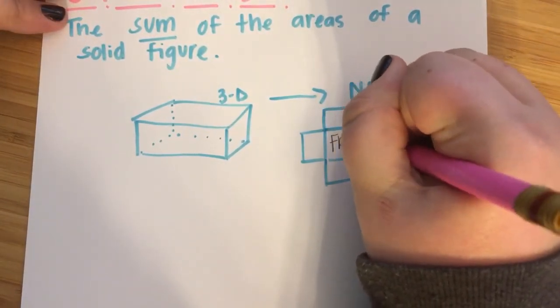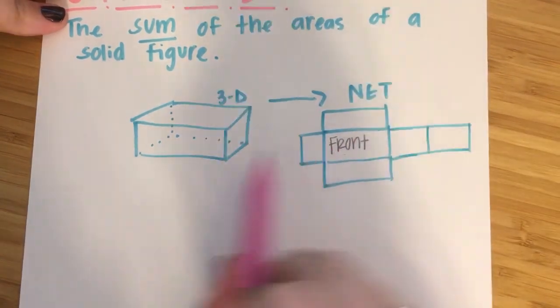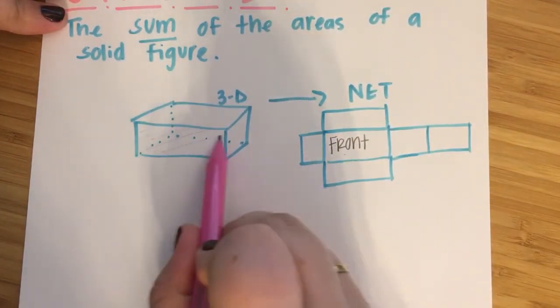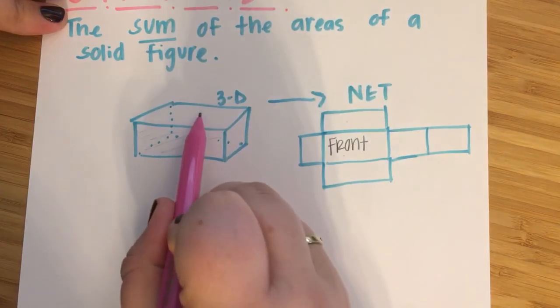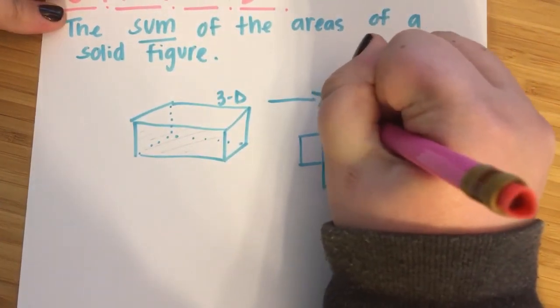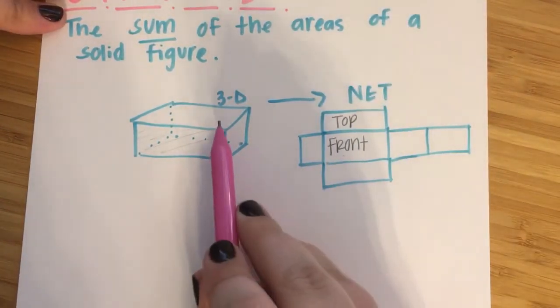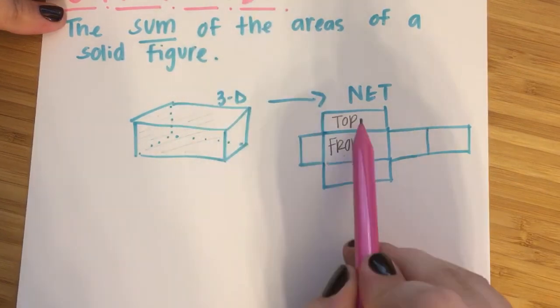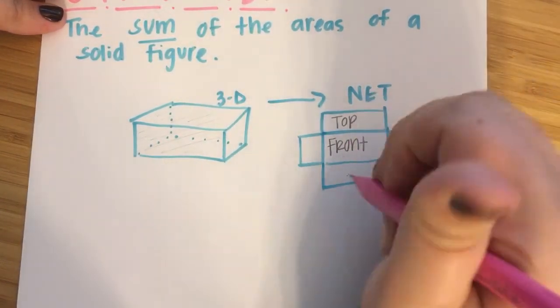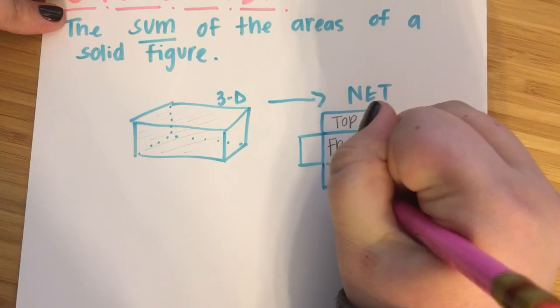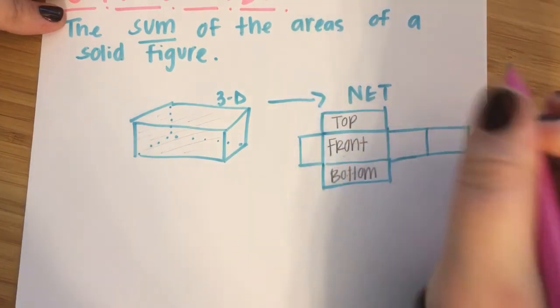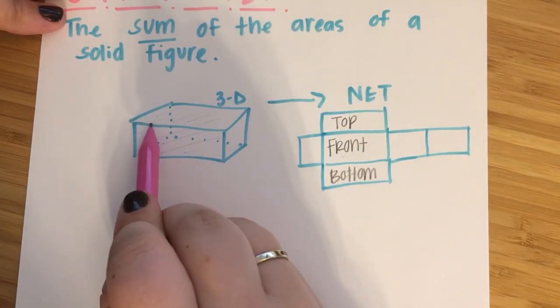So I'm going to grab my pencil and I'm going to be labeling these. So front, that would be the front. I'm going to lightly shade it so we can see it. If I imagine it, that would be the top. Now, congruent to the top, it's the same size. They may not be touching, but it's the same size and the same measurements, is the bottom. Again, that is congruent.